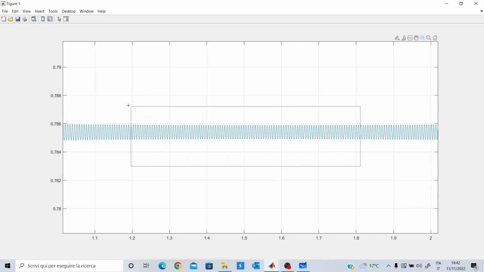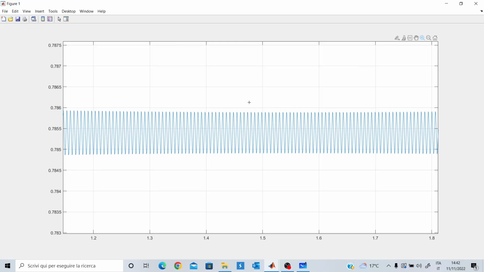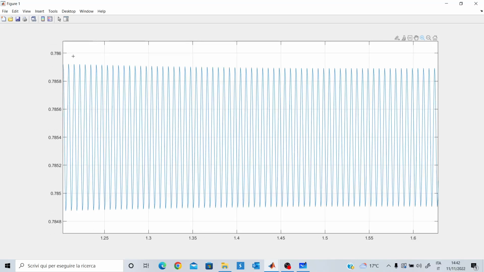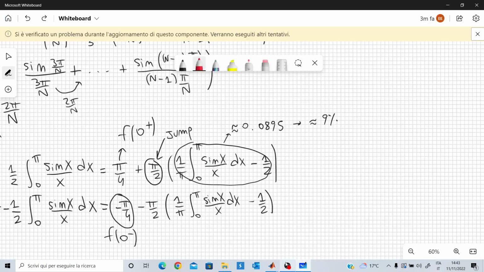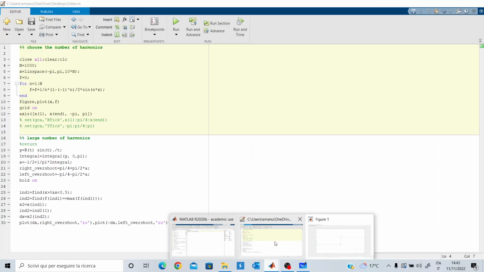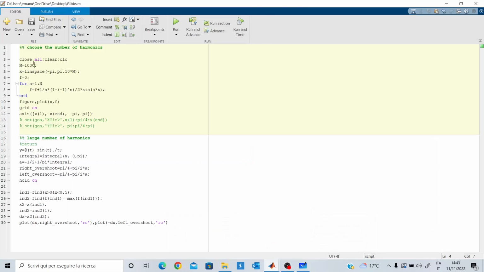Of course, if you enlarge the plot, you can still see an oscillatory behavior, but these oscillations here are way smaller than before. You can see that they oscillate between two very close points, 0.7848 and 0.7860. So the oscillations are very close to each other. And you can increase, in principle, the number of harmonics by whatever number you want.